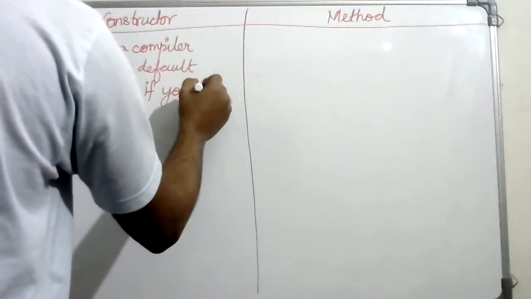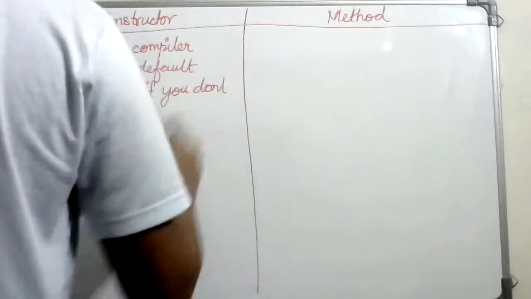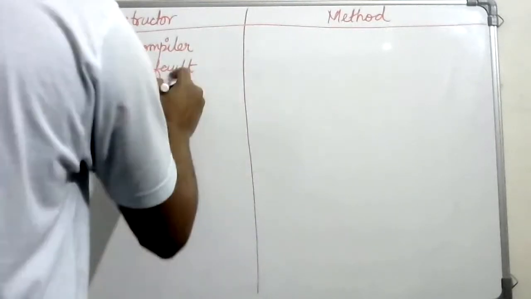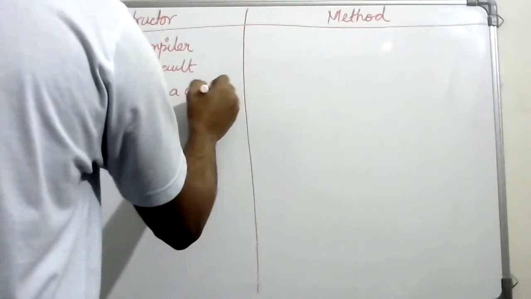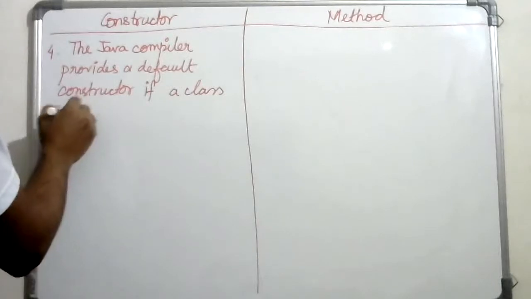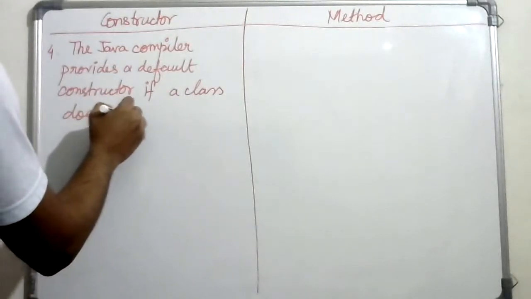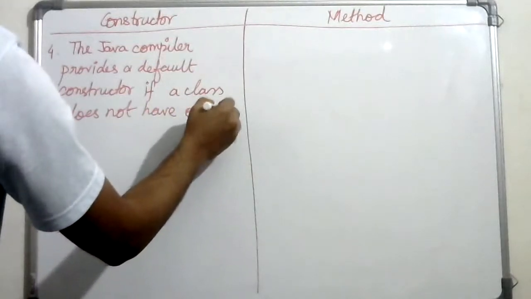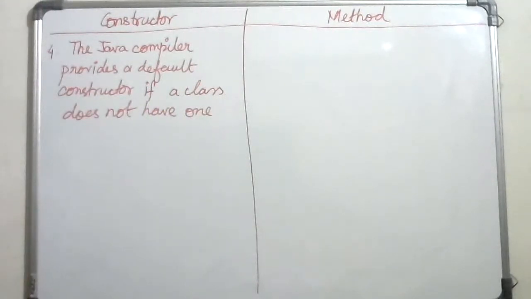So the Java compiler provides a default constructor if a class does not have one.